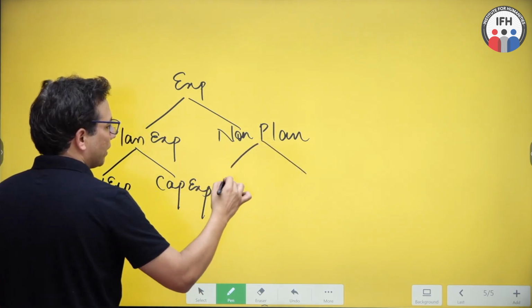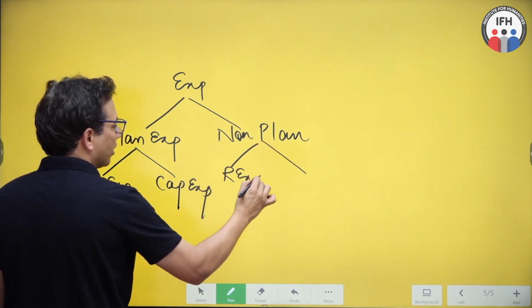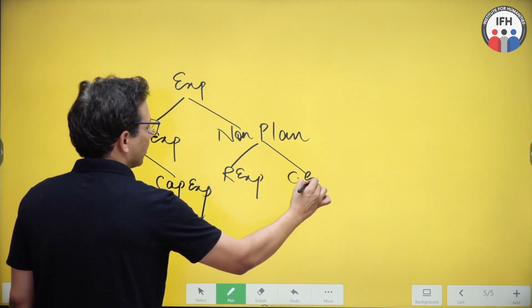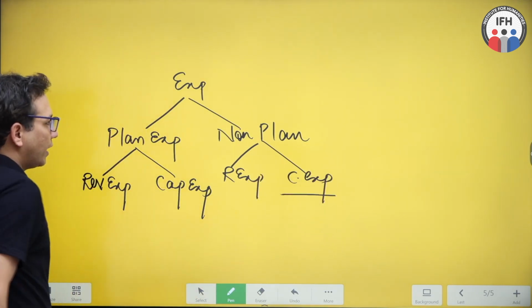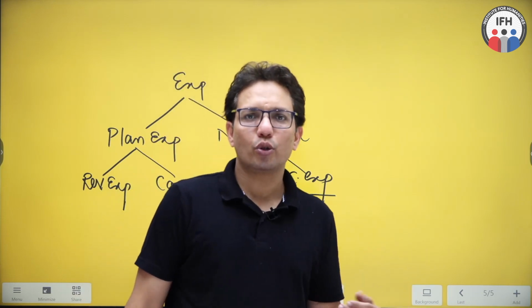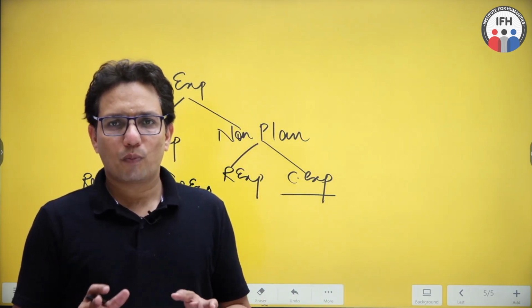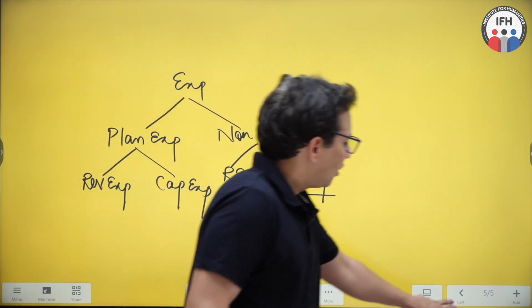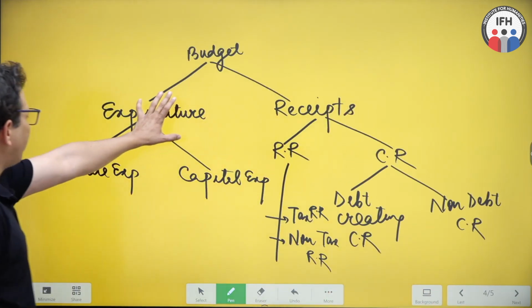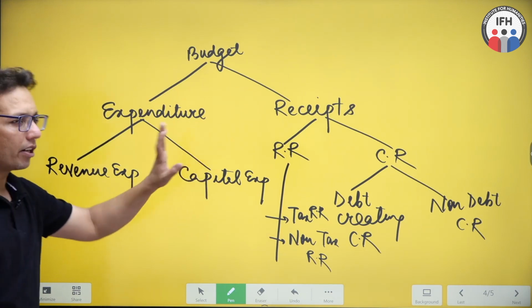Non-plan also of two types, revenue expenditure and capital expenditure. All right. So that is how the classification was. But now as we do not have 5-year plans, hence there is no classification into plan expenditure and non-plan expenditure. Now we only have this expenditure, revenue expenditure, capital expenditure.